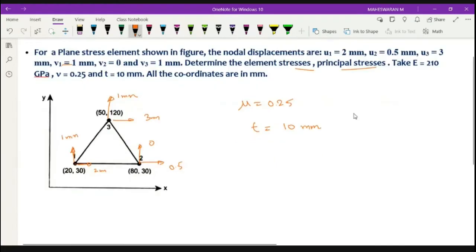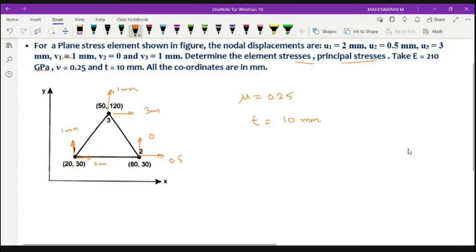To identify your element stress, you do not need to identify the stiffness matrix. There is no need for finding the stiffness matrix. The formula for element stress is the D matrix into the B matrix into your displacement U. So this is my formula for identifying the stress if the displacements are given.